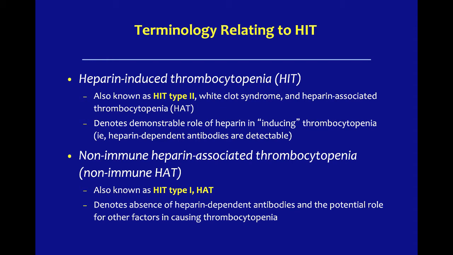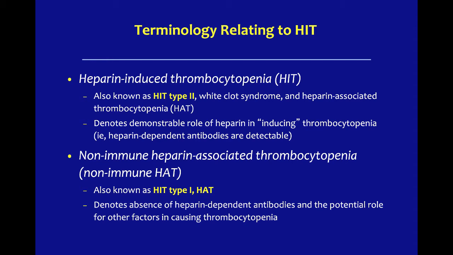You might also see it in the charts as HAT, heparin-associated thrombocytopenia. And type 1 denotes the absence of heparin-dependent antibodies and the potential role of other factors causing the thrombocytopenia. HIT type 1 is less of an issue for us as perfusionists. That doesn't scare us. We will go ahead and use heparin on those patients.